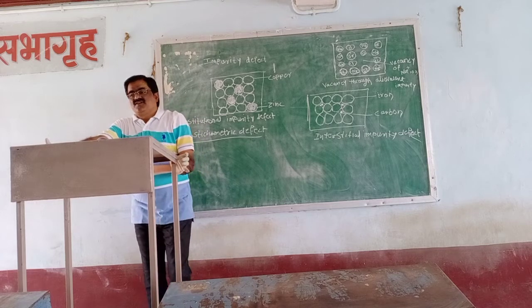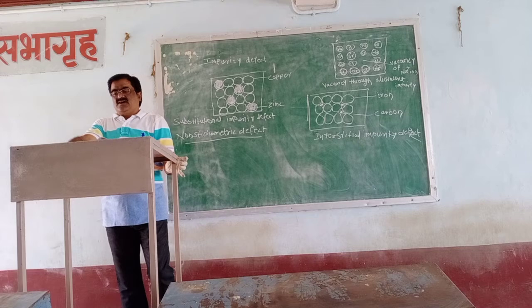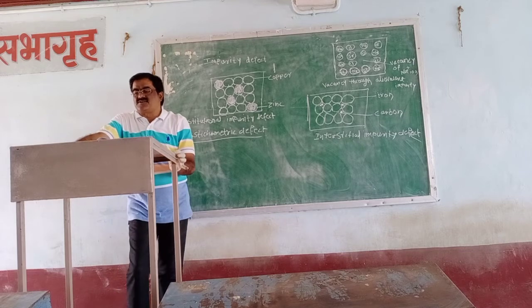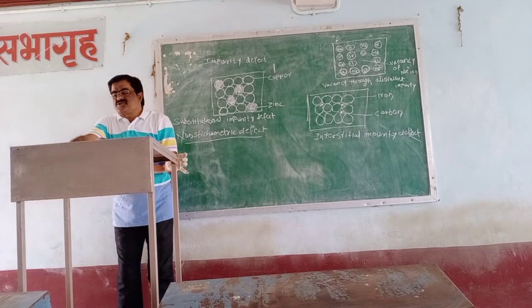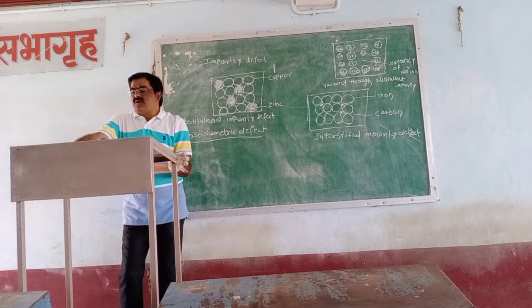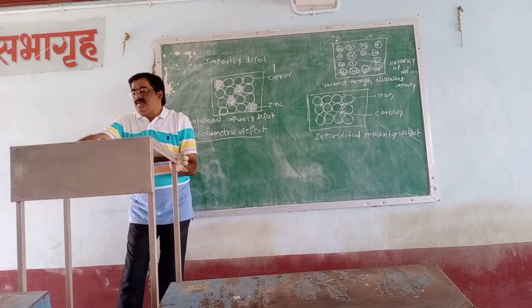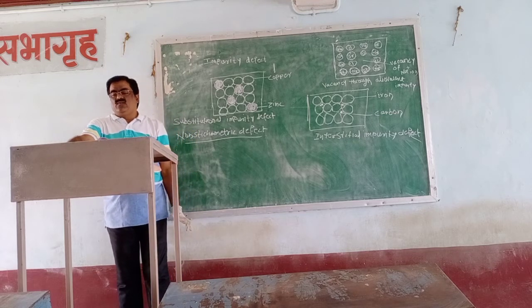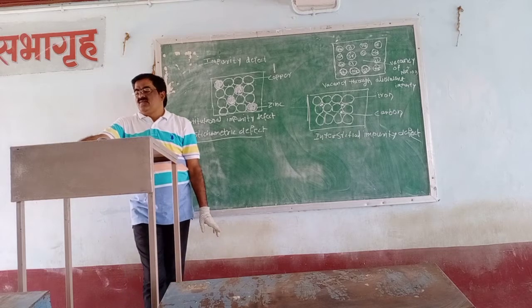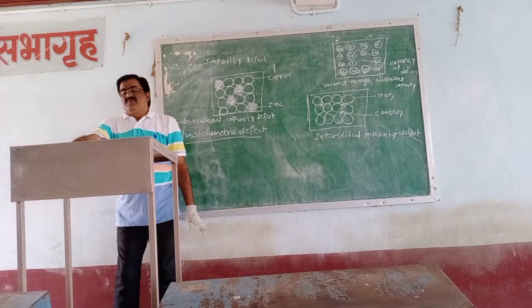In some crystals the positive metal ions are missing from their original lattice sites and the extra negative charge is balanced by the presence of cation of the same metal with the higher oxidation state from that of the missing cation.